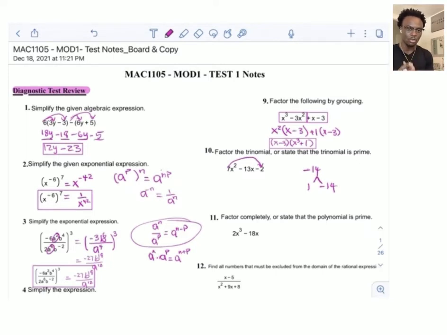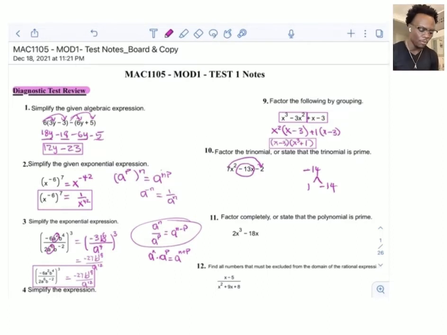So basically you need to check your factors. How? The product is the number resulted from multiplying constant and coefficient of x squared. And then when you add these two factors that you get from negative 14, they should give you the coefficient of x in this problem.